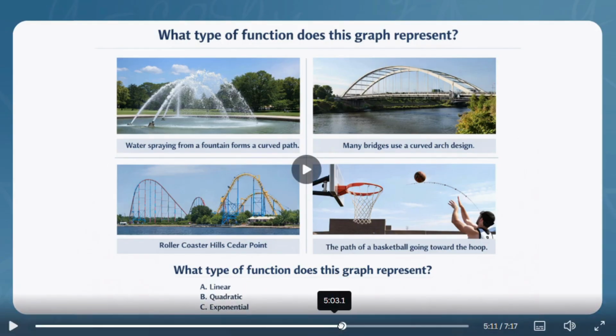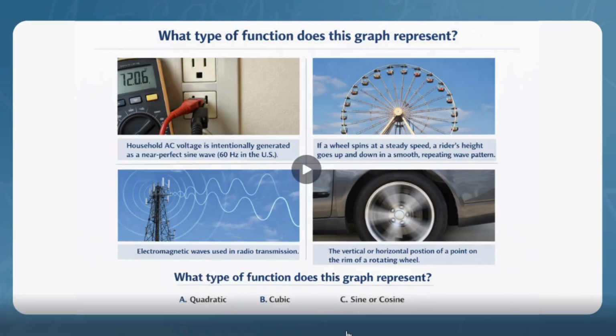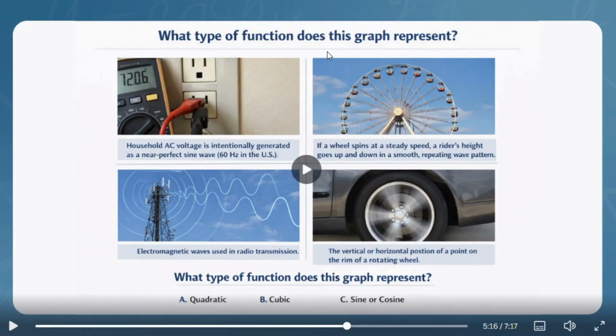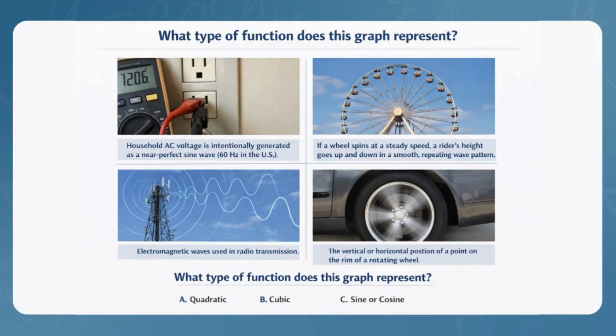Okay, let's continue with number 3. What type of function does this graph represent? Household AC voltage is intentionally generated as a near perfect sine wave, 60 Hertz in the US. Or if a Ferris wheel spins at a steady speed, a rider's height goes up and down in a smooth repeating wave pattern.